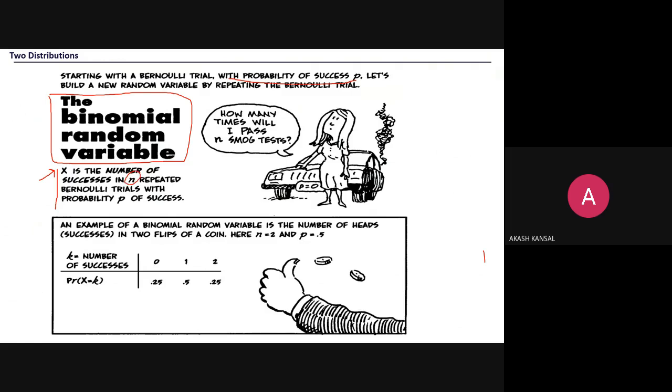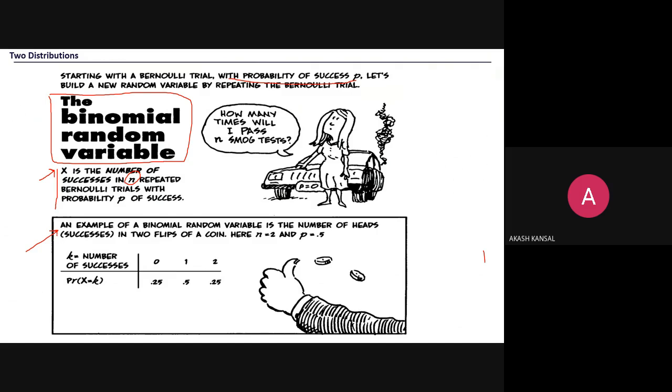Let's say we have tossed the coin n times. So x is the number of successes that we have. And when we say successes, let's say we have heads coming up. Let's take a different example. In this one, we will talk about the binomial random variable.